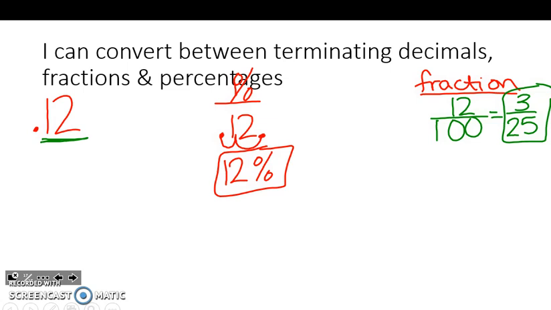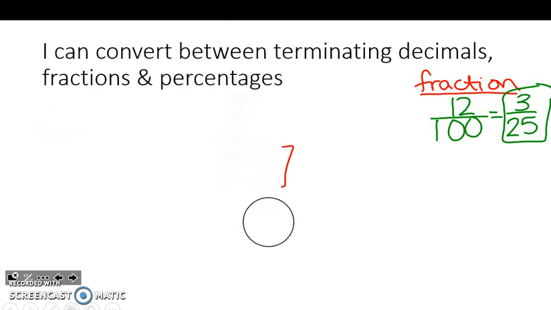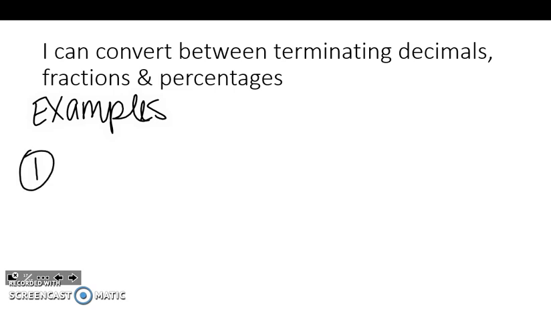All right, so in order for you to get your notes signed off on this section, I'm going to give you 3 examples that you have to do and get signed off by me in order to get your notes signed off. So you need to complete these 3 examples on your own.